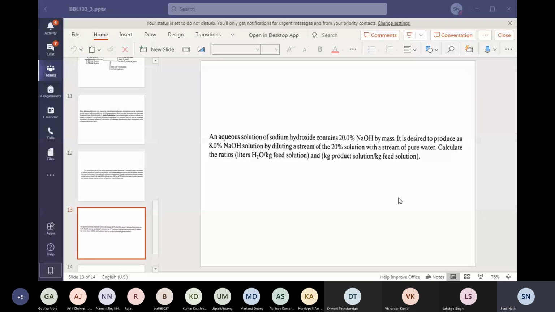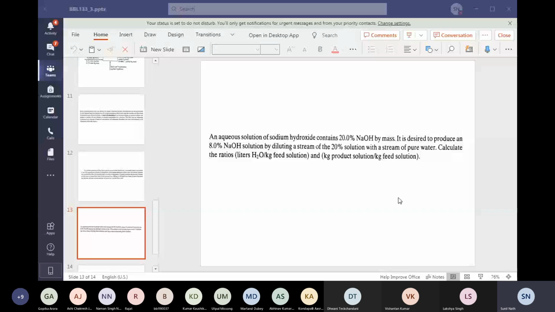Basically, what it means is that in principle, this can also be a continuous flow system. And if we were given the number of moles or amount of mass of the feed solution per unit time, that also would be a valid problem, and that is probably what is happening in this process.